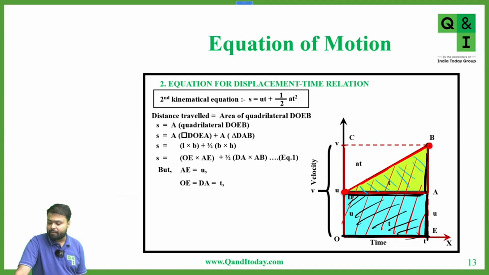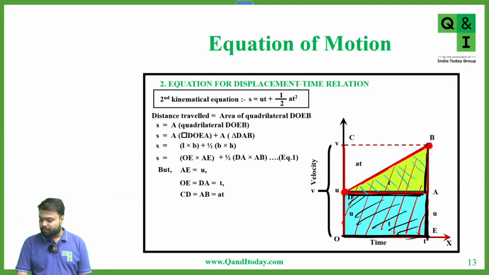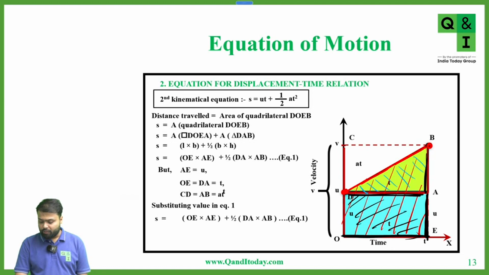Because the graph is from A to B and the time taken by the body from A to B is T. So total time is T. Now CD is equal to AB, which is equal to AT. Now if we put all the values, the area is half into AT. Yes or no? Any doubt?